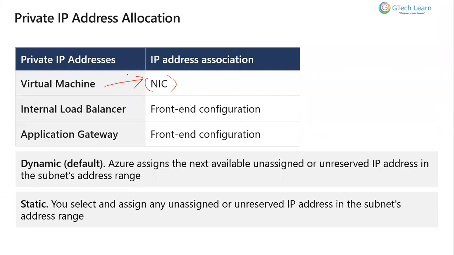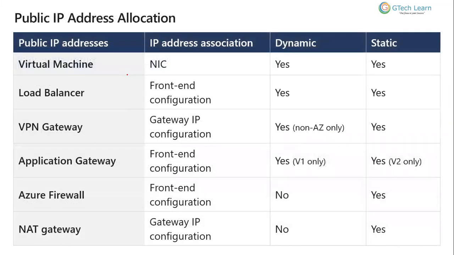Now, moving ahead and talking about the next one, public IP address allocation. Here you can see we have multiple resources like virtual machine, load balancer, VPN gateway, application gateway, Azure firewall, and NAT gateway, where we can allocate the public IP address as well.